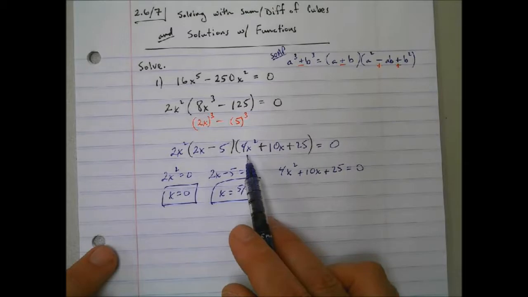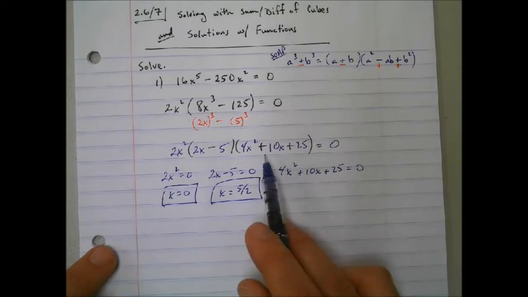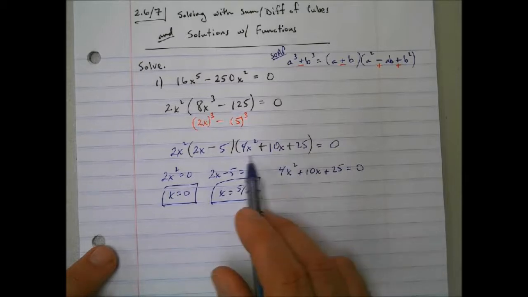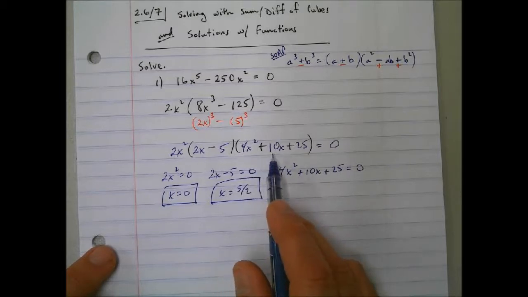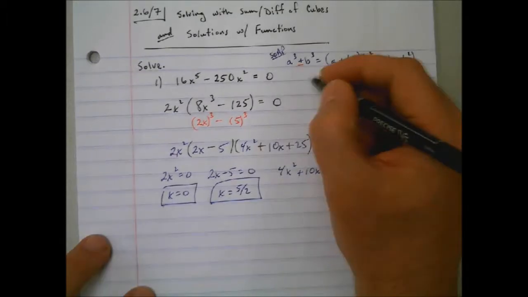So we have a choice, since it doesn't factor the way we would normally think of factoring, of either solving by completing the square, or using the quadratic formula. Now, looking at the terms here, there's not a 1 in front of the squared term, so probably I would just go ahead and do the quadratic formula. Let's not forget the quadratic formula.